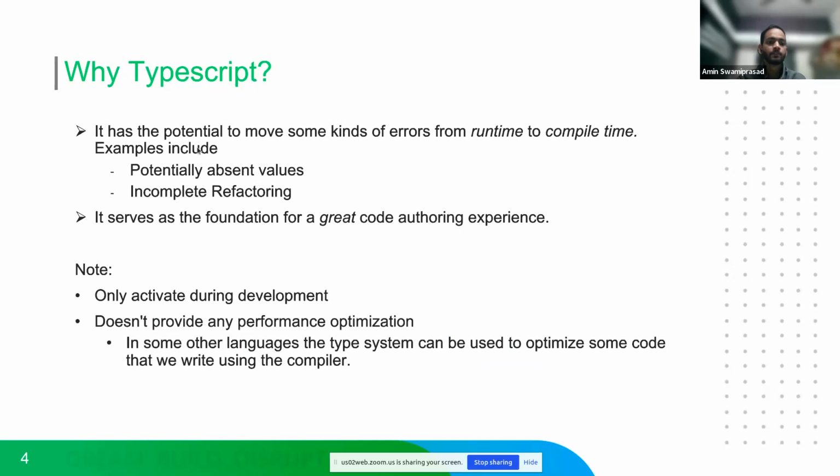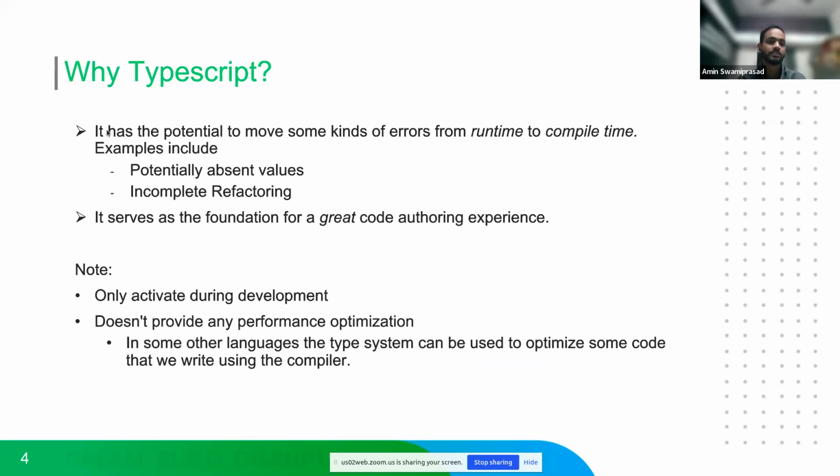And as I told you, suppose there is a function in JavaScript which takes two numbers and returns the multiplication or division. If we pass a string in that, JavaScript will not give us the error in compile time.